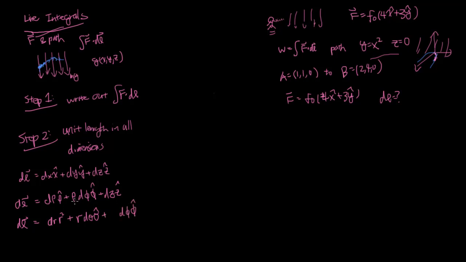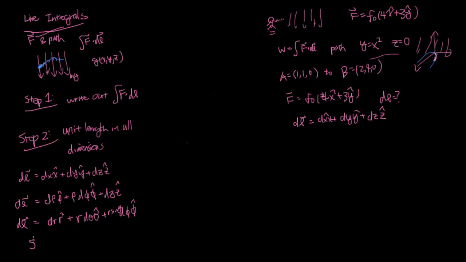So we have to multiply by the radius, rho, and rho in spherical coordinates is r sine theta. So depending on your coordinate system, write out your full dl. In this case, we're in Cartesian coordinates, so dl is going to be equal to dx x hat plus dy y hat plus dz z hat.